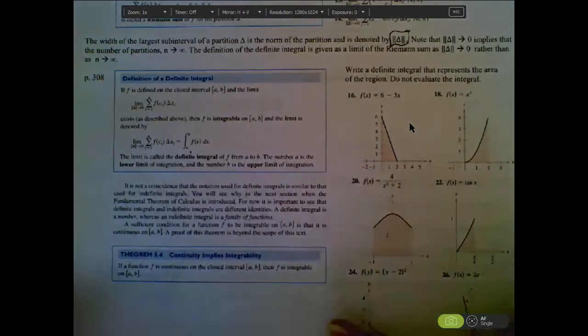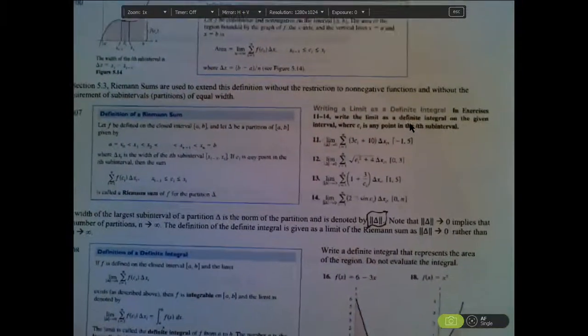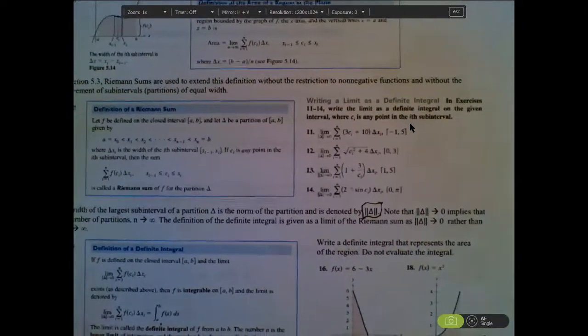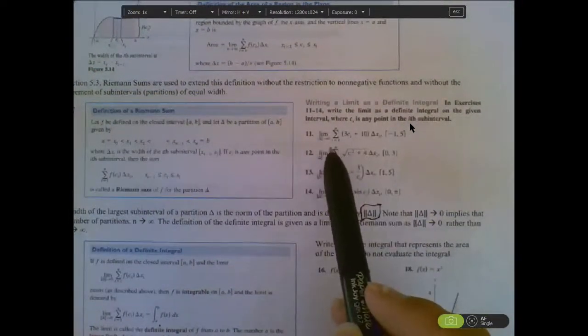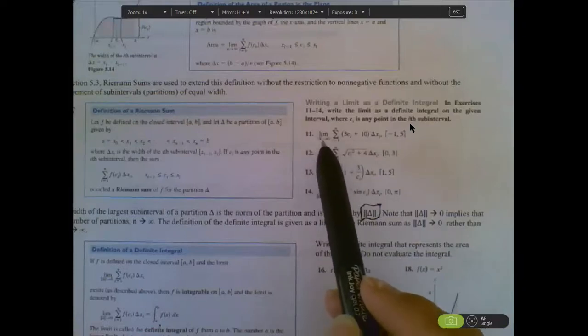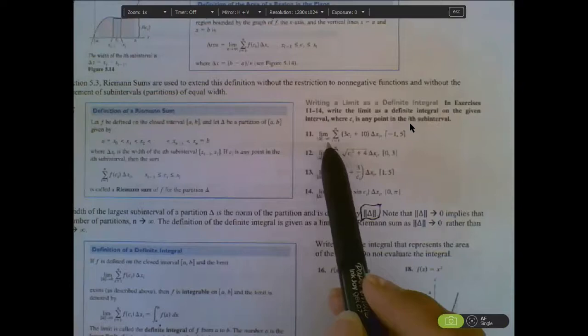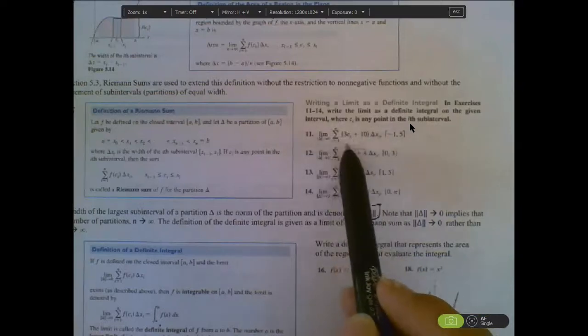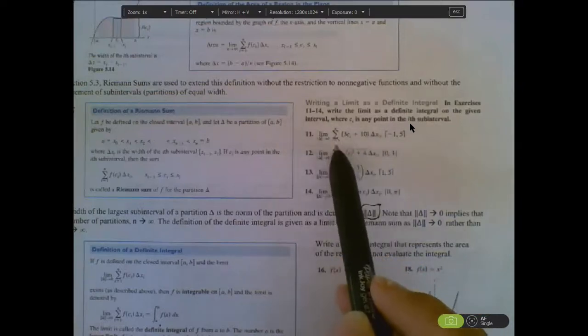So the very first problems in the homework just say, take the limit as the width of a rectangle goes to 0 of each Riemann sum. This is the Riemann sum right here.